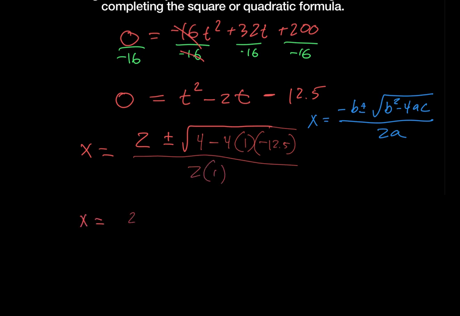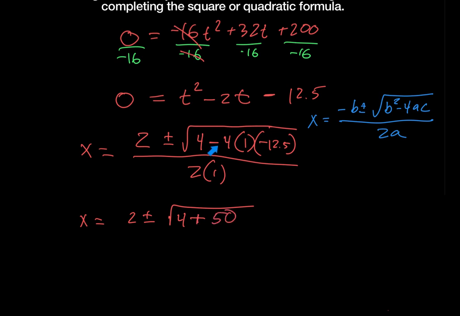x equals 2 plus or minus the square root of 4 minus, well, 4 times 1 is 4. What's negative 4 times negative 12.5? Plus 50? Yeah.